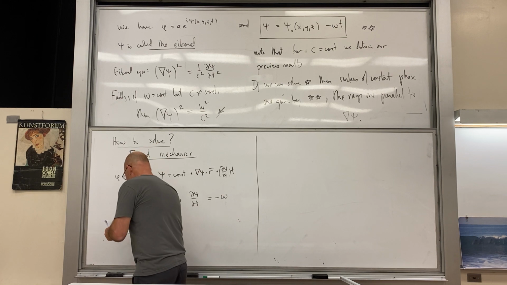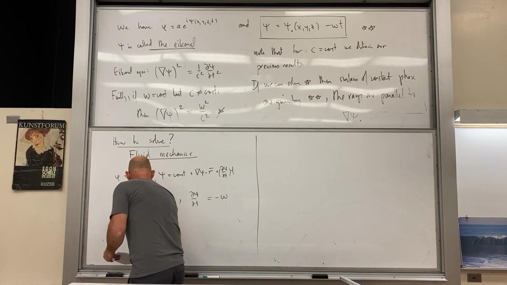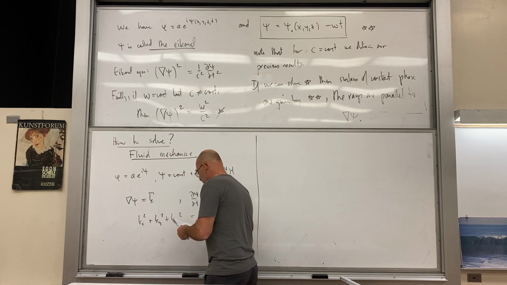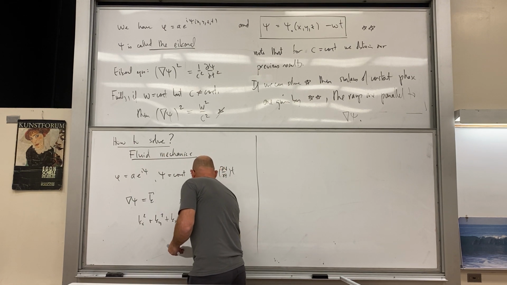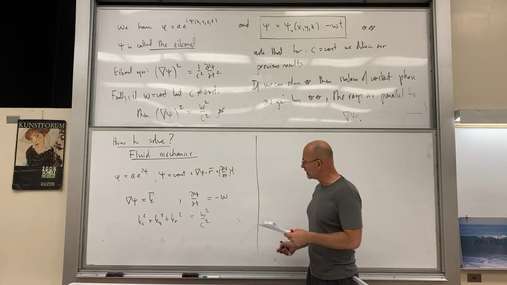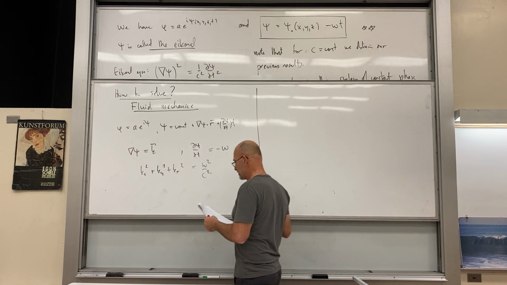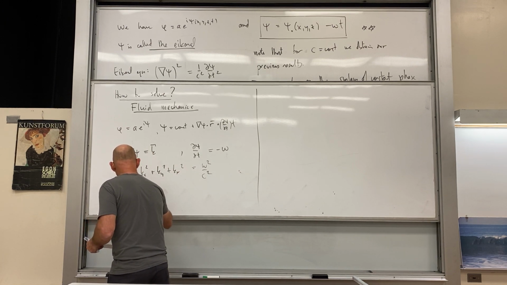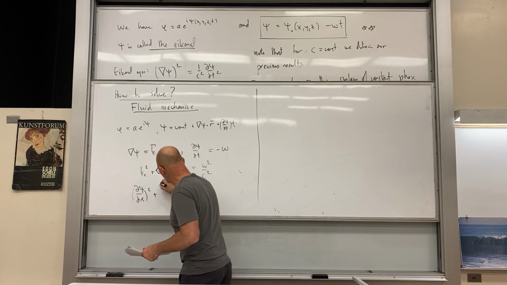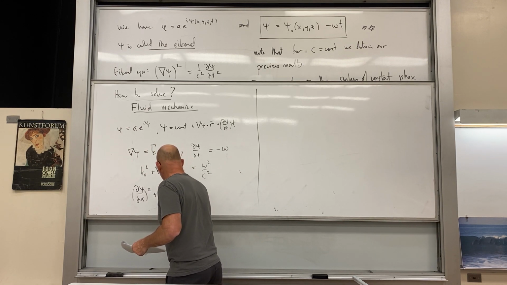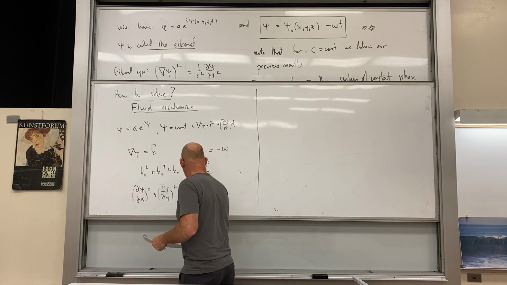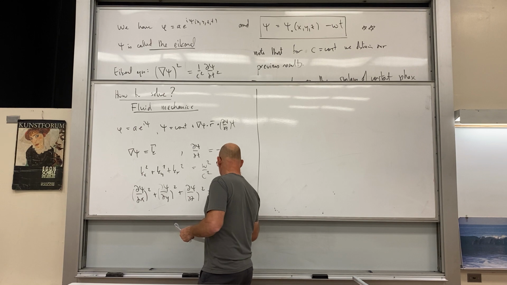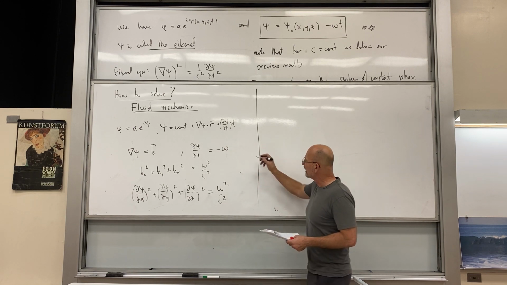Then we have kx squared plus ky squared plus kz squared equals omega squared over c squared, and I'll write that out, because this is the actual relation. I could also just write grad C, but I'm writing it out for us this time: dC/dx squared plus dC/dy squared plus dC/dz squared equals omega squared over c squared. Okay, so that's what we have.